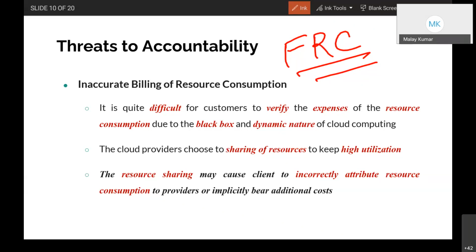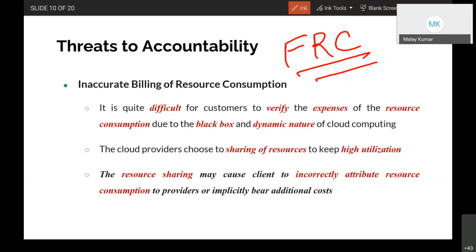It means a customer demands a cloud resource based on its requirement and also based on its operational cost.